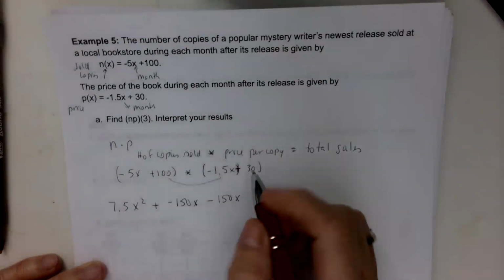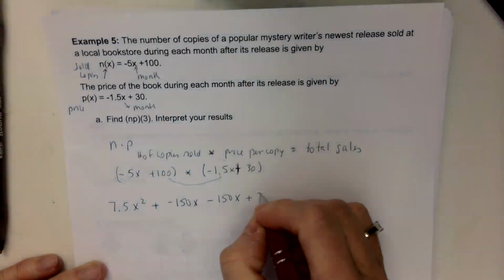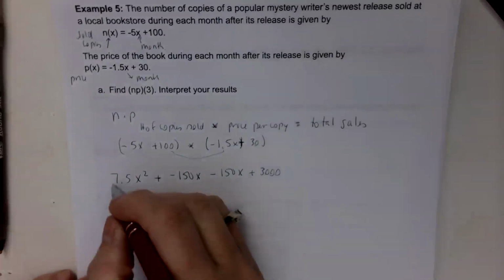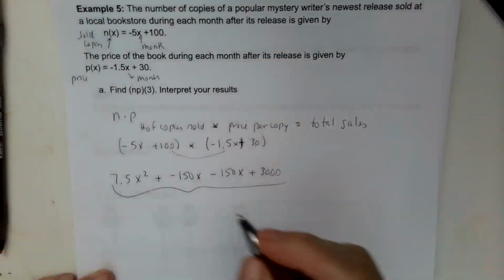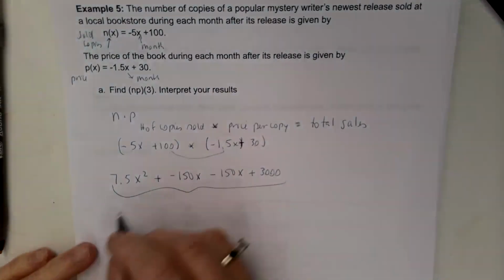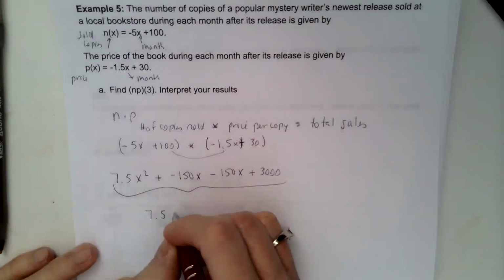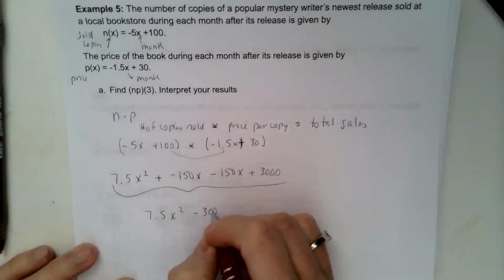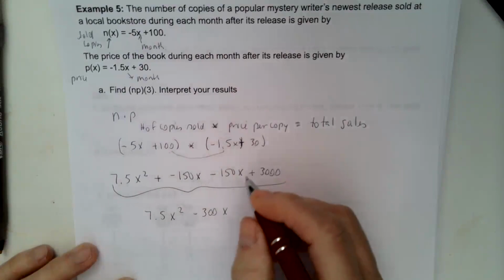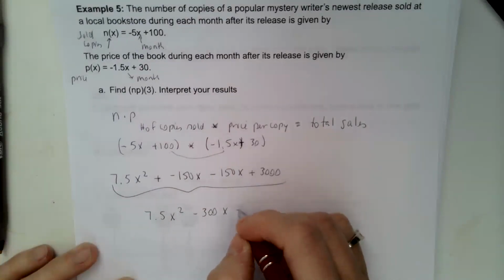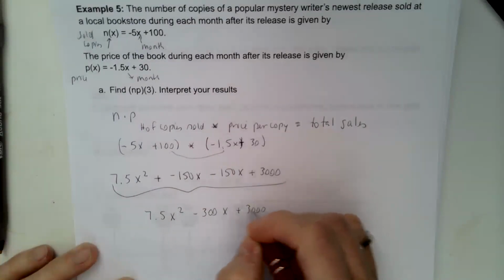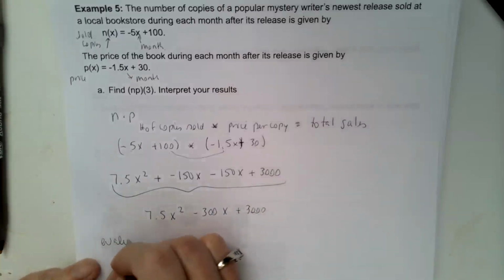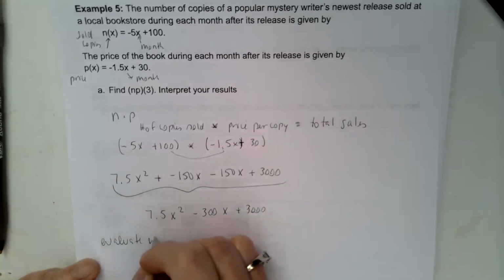And then 100 times 30 is a positive 3,000. So let's get this summed up: 7.5x squared minus 300x plus 3,000.